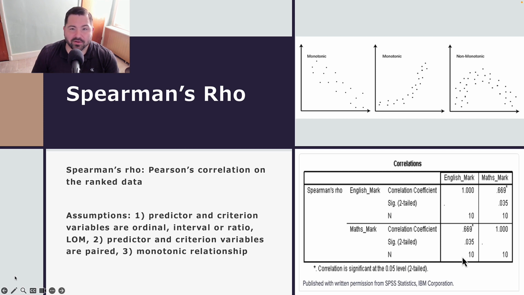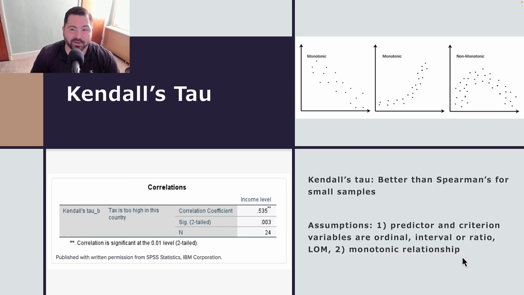And so when you have a small sample size, the other non-parametric equivalent that we can look to is called Kendall's tau. And so Kendall's tau is the more preferable correlation estimate when we have a small sample size. The assumptions to Kendall's tau are similar to Spearman's rho in that it assumes a monotonic relationship, and it assumes that both the predictor and the criterion are at least ordinal, interval, or ratio level of measurement.